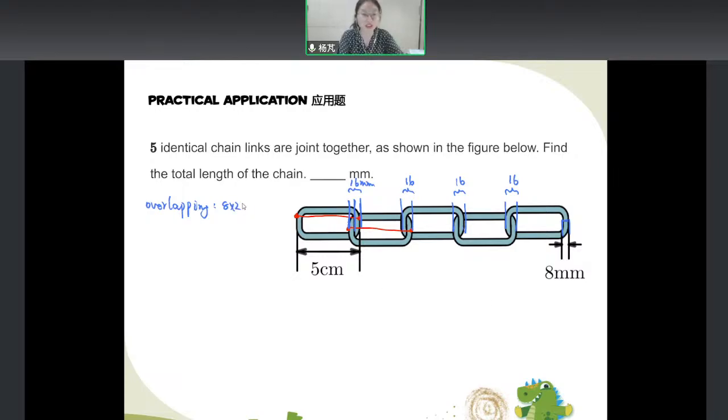So actually, we need to times 4. We have 4 groups of 16. That is the total length of the overlapping parts. So 4 times 16, actually it equals 64 millimeter. If you're not very clear, write down the vertical working for 16 times 4. Okay, yeah, here it is.